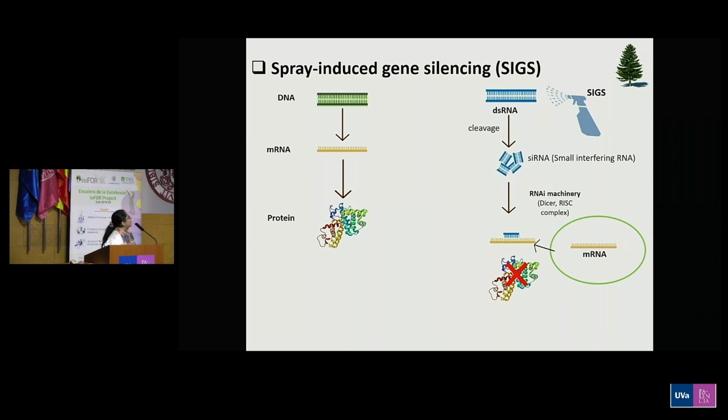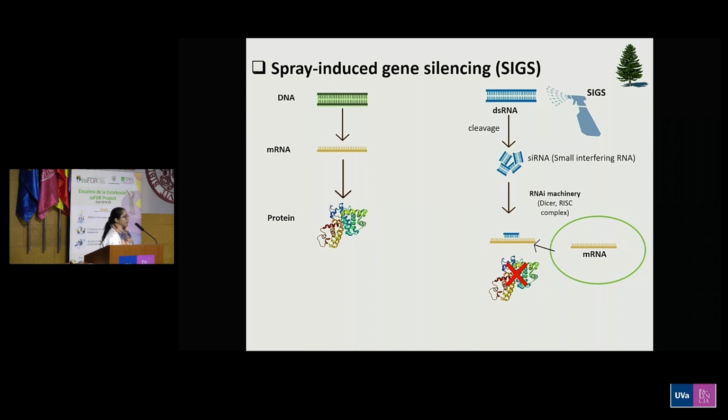So what happens in spray-induced gene silencing? We apply external dsRNAs, which we produce ourselves, and then we spray them onto the pathogen. They go into the pathogen, which has some machinery, which we call the RNAi machinery. In mostly all eukaryotes it is present, and it is conserved. What does this machinery do? It cleaves our dsRNA into small interfering RNAs.